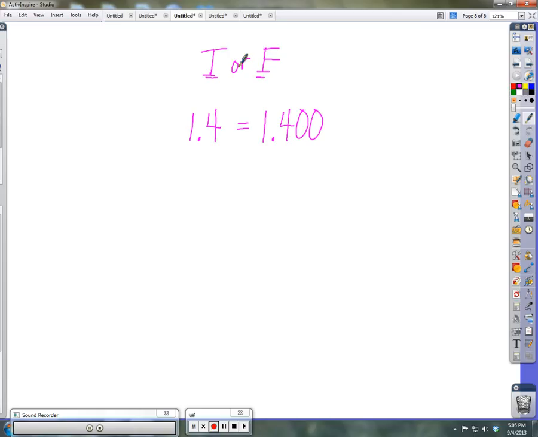Hopefully you saw that the answer is true because my original number was 1.4. To get the equivalent decimal, I just added 2 zeros to the end, and since they were added at the end of the original decimal number, they are equivalent to each other.